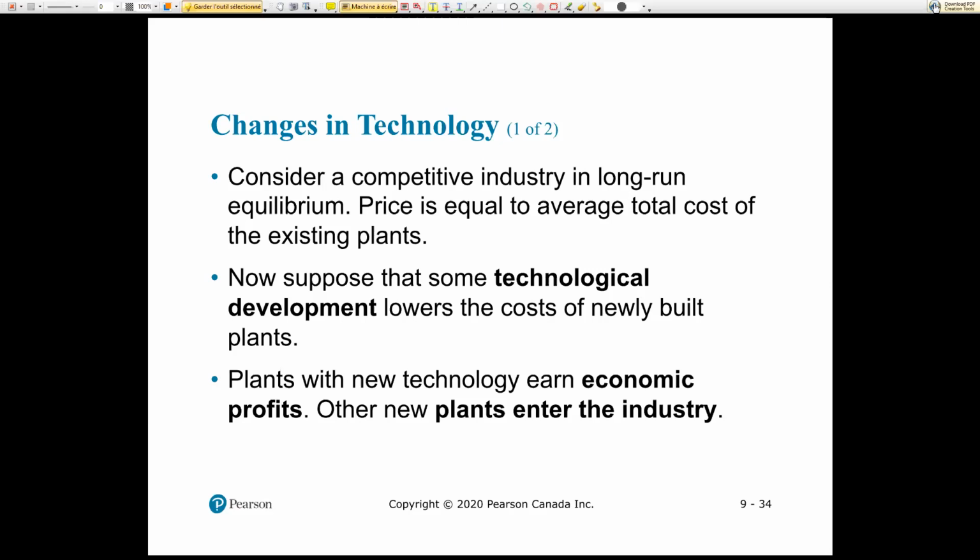This is what happens right now with, for example, electric cars slowly taking the sales away.